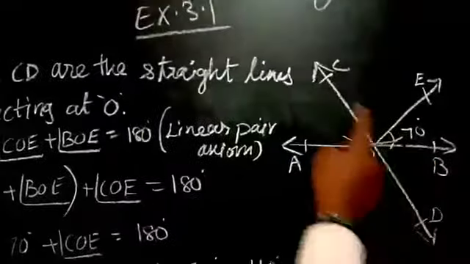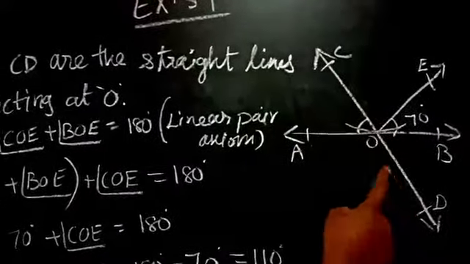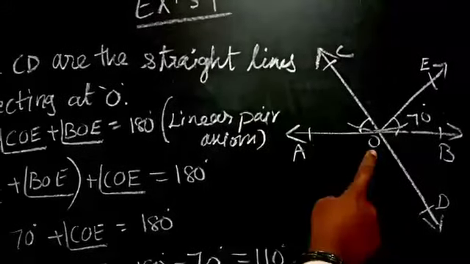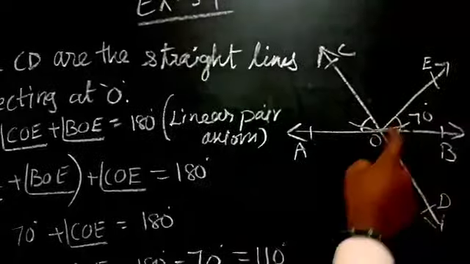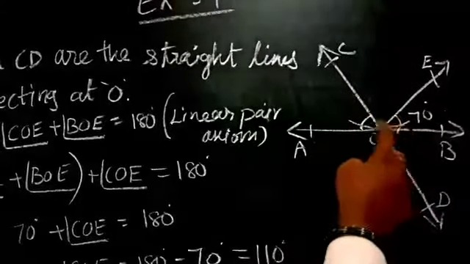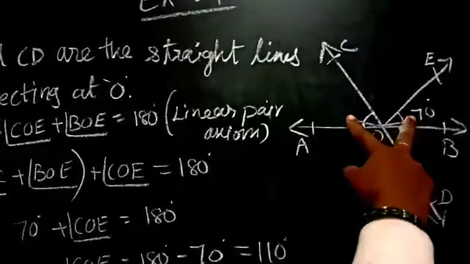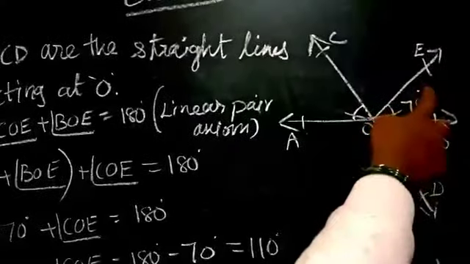Exercise 3.1. First question: in this figure, AB and CD are lines intersecting at O, and AOC plus BOE, that is this angle and this angle, when we add both, we get 70 degrees.